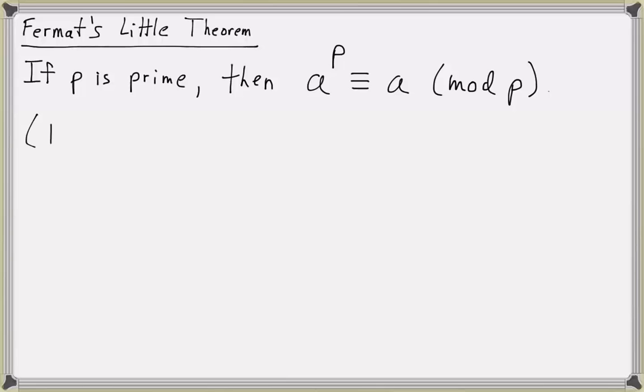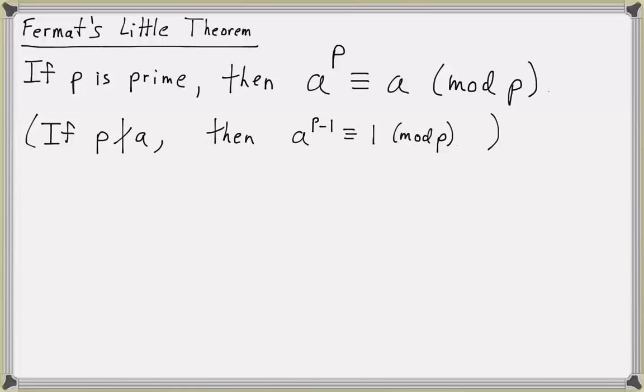So if p does not divide a, then we see that a to the power p minus 1 is congruent to 1 mod p. So there are two forms of Fermat's little theorem. Let's give the proof. It'll be very short because we've already got Euler's theorem.